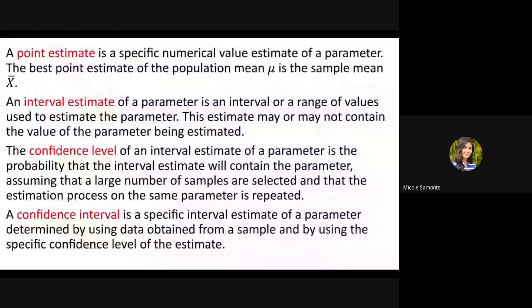So a point estimate is a specific numerical value estimate of a parameter. The best point estimate of the population mean, this is the symbol for the population mean, is the sample mean.